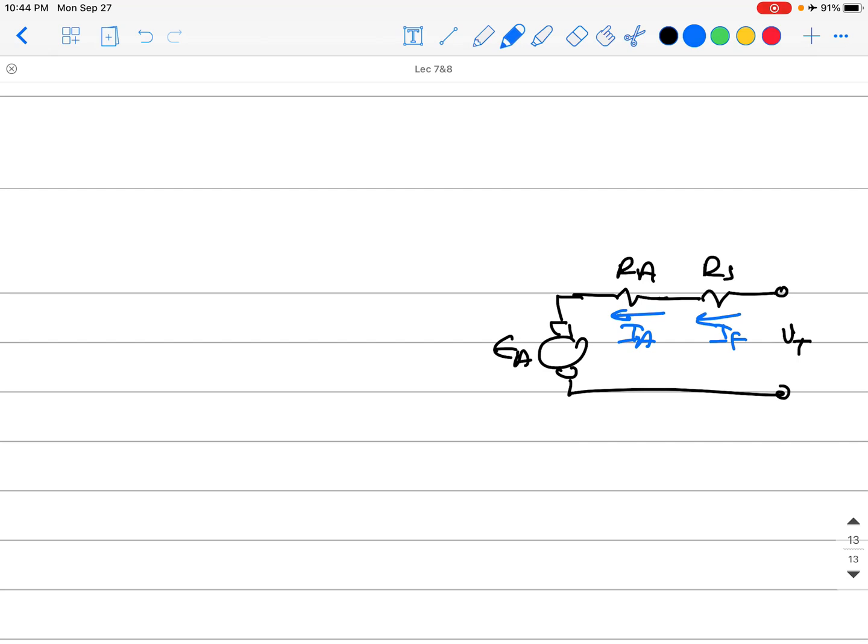So we don't have the same problem we had before with the shunt connection, where we needed to minimize the current going to the shunt winding as much as we could to leave the rest for the armature winding. Here they're connected in series, so you already have the same amount of current moving through both of them.